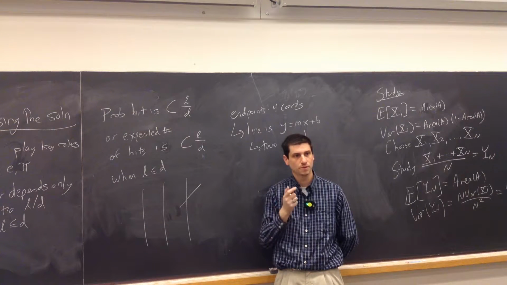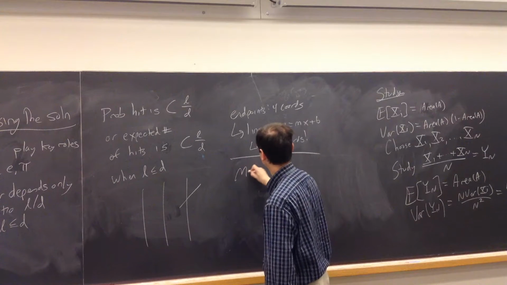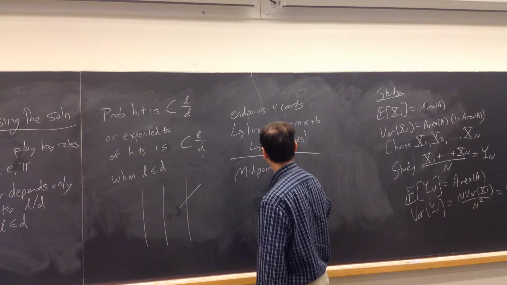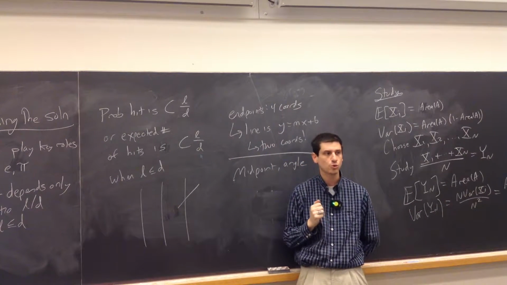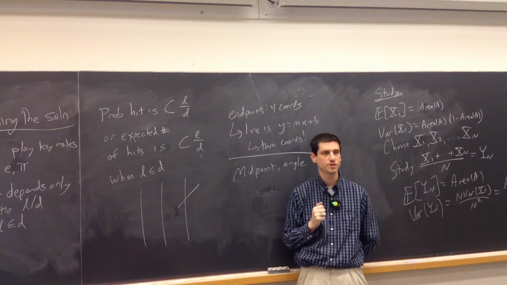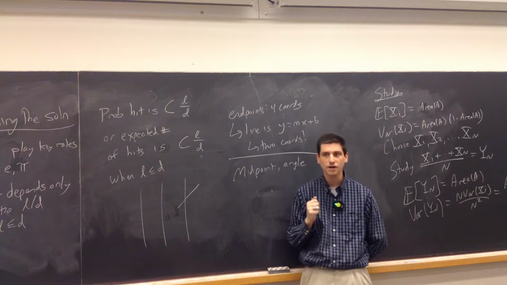What else could we do? The midpoint and angle. Good, midpoint and angle. So I think that's the most natural coordinate system to use. What can you tell me about the location of the midpoint of the line? We have a lot of symmetry here.